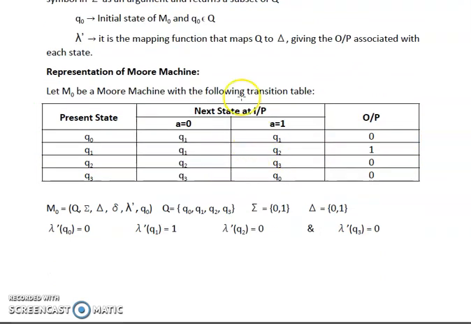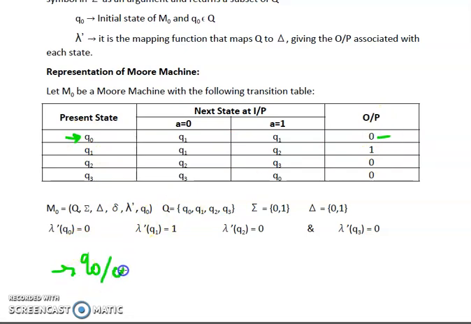Now, let's see how this table can be interpreted. For example, suppose currently we are on the state Q naught. Let's take it as an initial state. So, initial state is represented by an arrow at its start. Now, let's take Q naught as our initial state and the output associated with this state is 0.